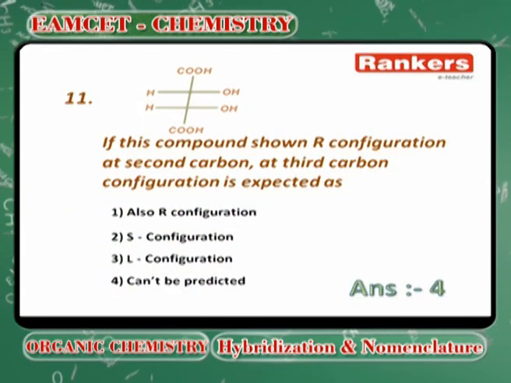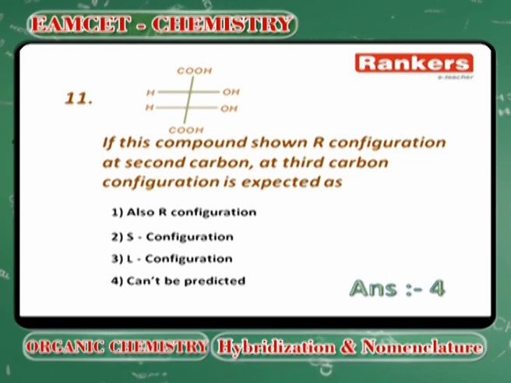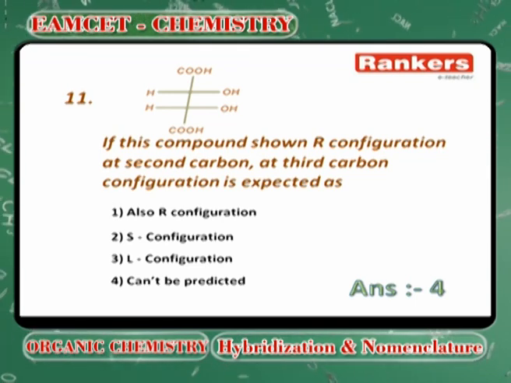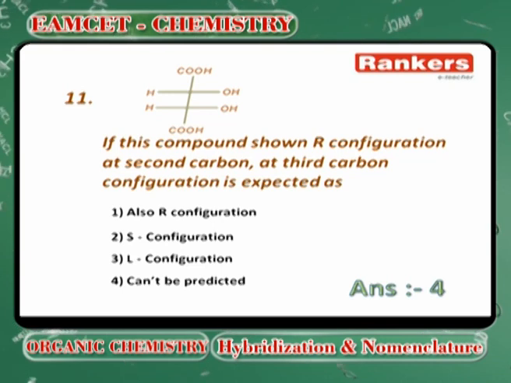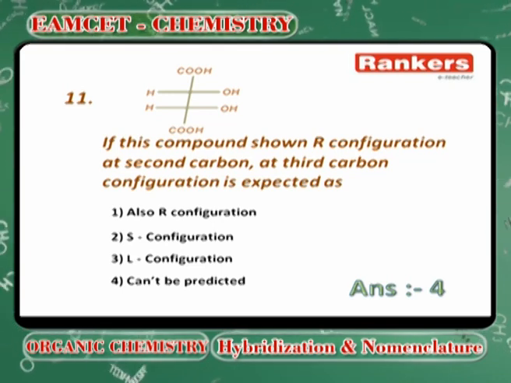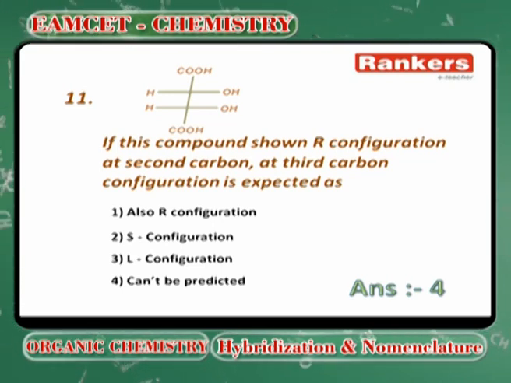This compound shows R configuration at the second carbon, if this condition is mentioned. Even then, if this compound shows R configuration at the second carbon, the configuration at the third carbon is expected to be determined. See, verify the second and third carbon, they are mirror images.